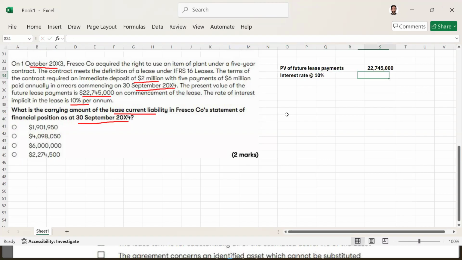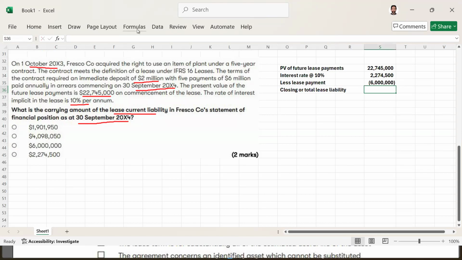We're going to add that here in 2.1, and we have less the lease payment. Since this is the case of arrears, the first payment is going to be made at the end of the year. This is 6 million, and we have the closing or total lease liability. So now we have to distinguish between what is current and what is non-current.